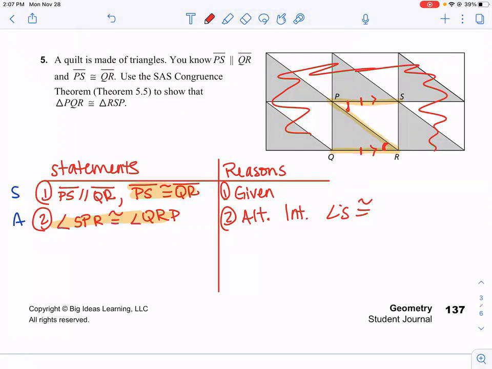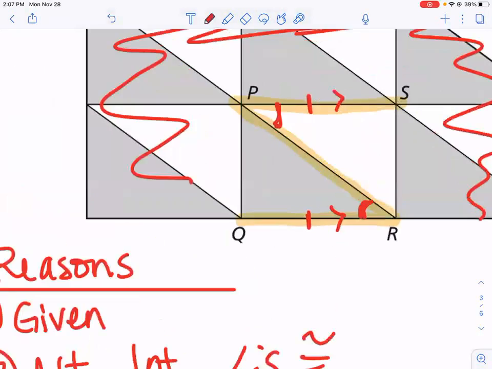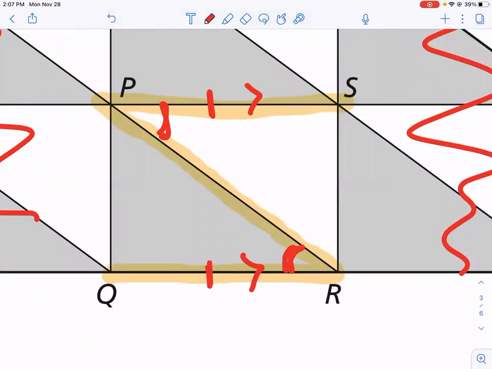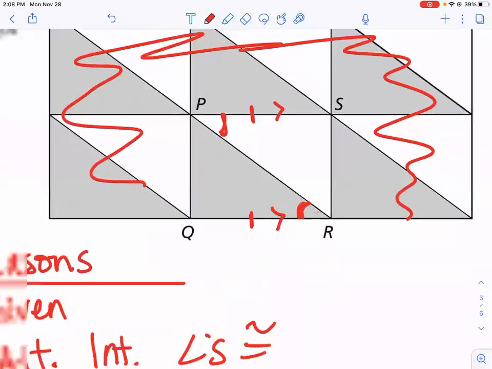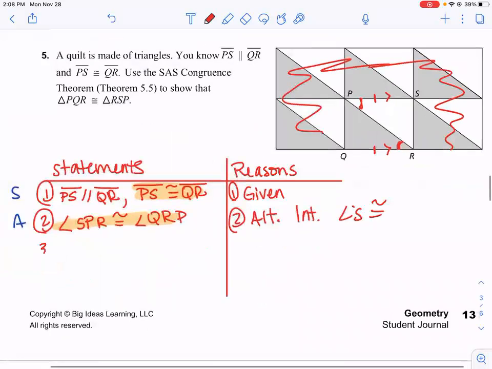What about my second side? I need side angle side. Rhett, is there something we could say about a side congruent to a side? PR is reflexive. Yes. PR is congruent to PR.